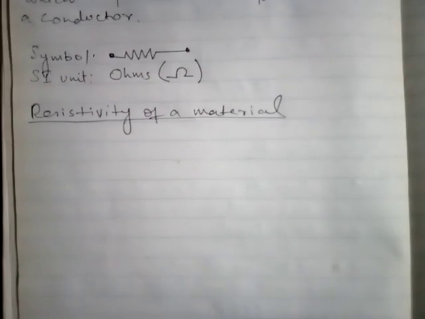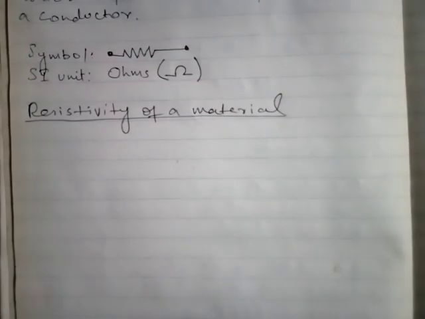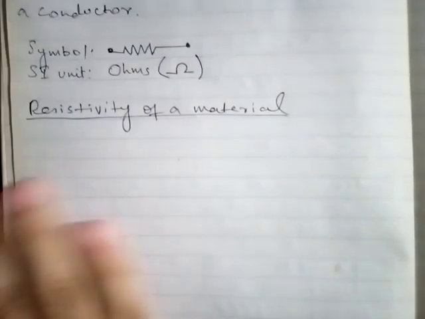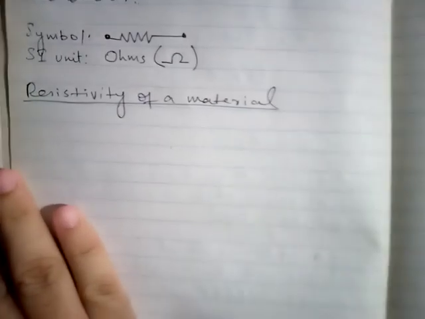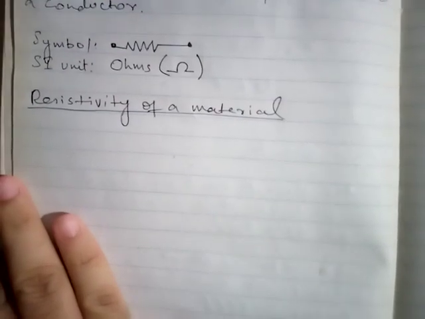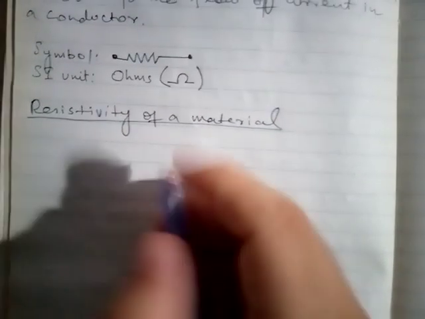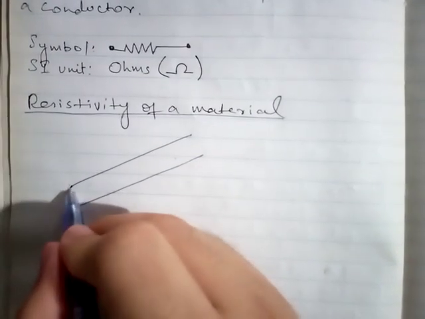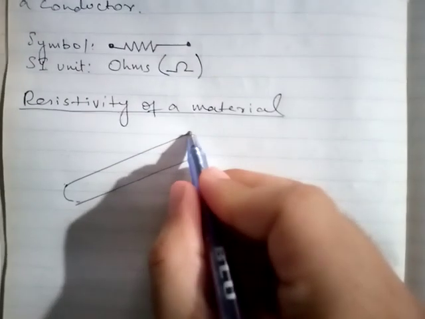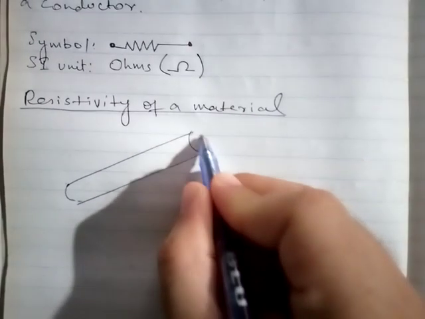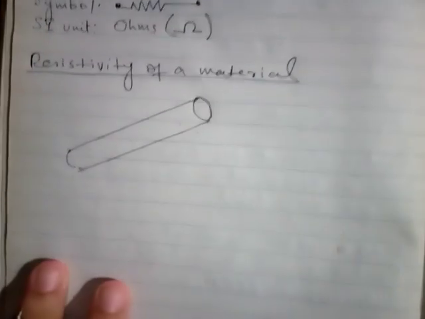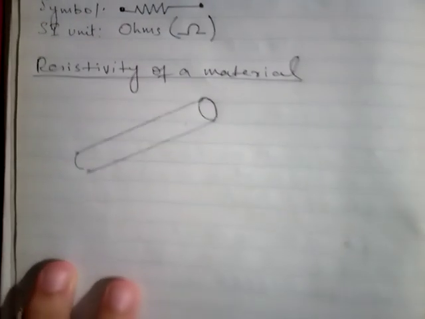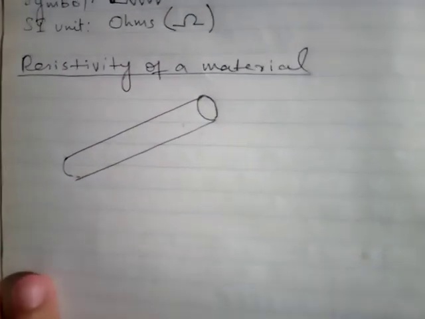We are doing some derivations to find the formula for resistivity. First of all, I will draw the structure of a conductor, a cylindrical conductor like this. This is the diagram of a cylindrical conductor.